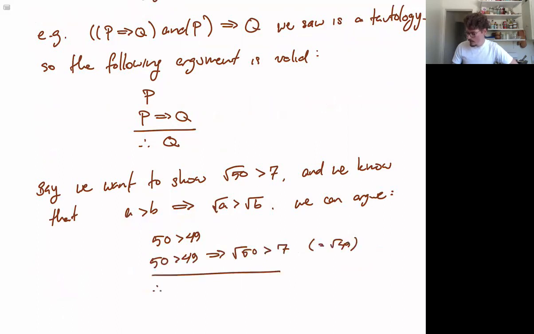Therefore, we conclude that square root of 50 is greater than 7. So this is a concrete version of this argument here.